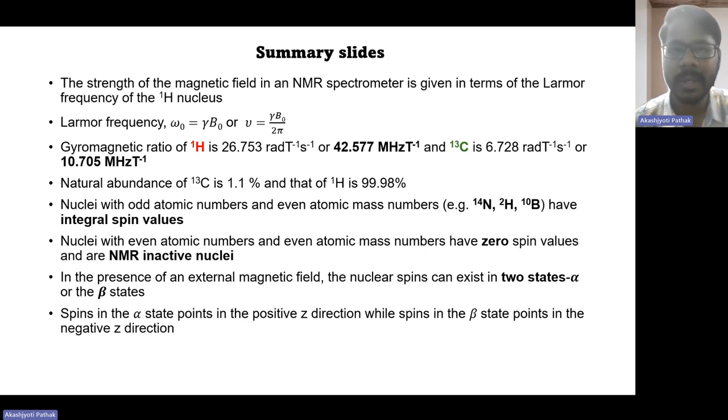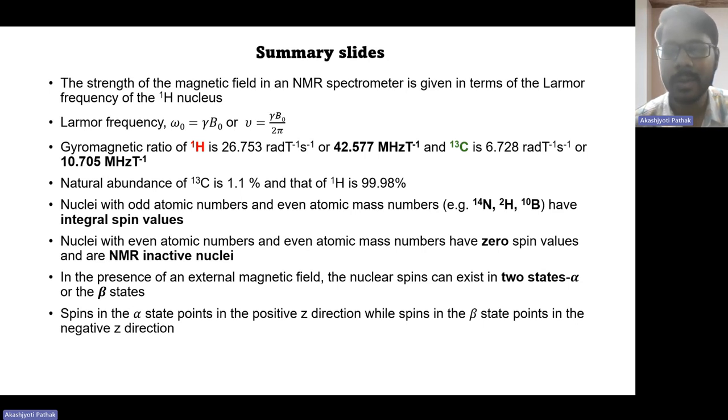The energy difference between these two states is equal to gamma h B naught. When we apply a radio frequency having the energy equivalent to the energy difference between these two energy levels, the nuclei will transition from the lower energy state to the higher energy state.